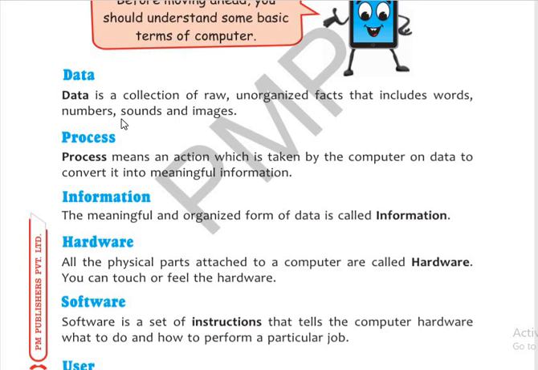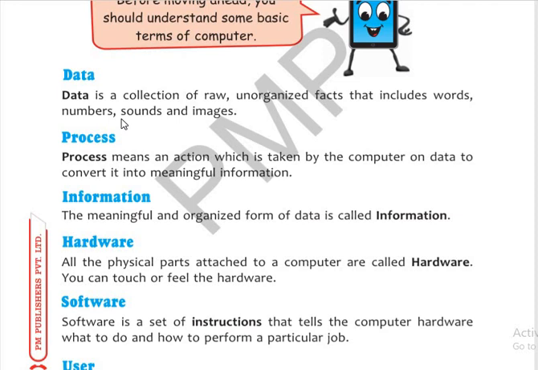Second, process. Process means some action is taken on that data to convert it into meaningful information. For example, the process of cooking, the process of writing. These are all processes, where you have been given something and you work on it to make something meaningful.